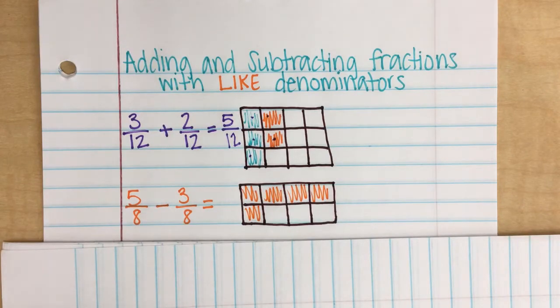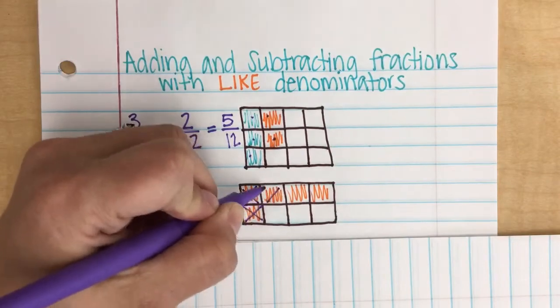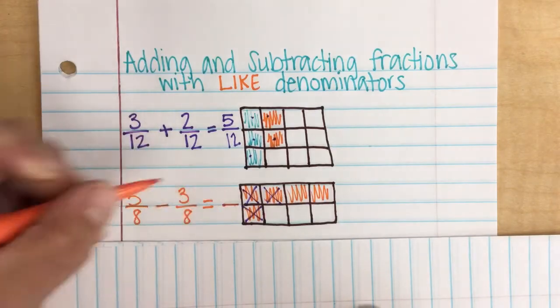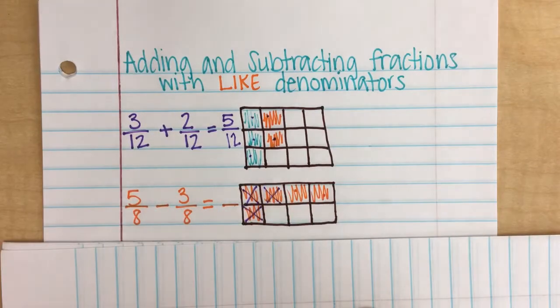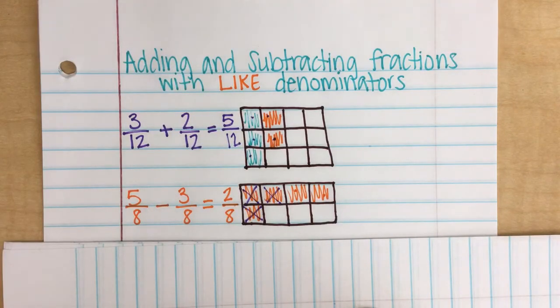Now I'm going to take a darker color and I'm going to take away 3 of those boxes. 1, 2, 3. Now however many boxes are still shaded in without an X in them is going to be my difference. So I have 2 boxes that are shaded in of the 8ths. So 5/8 minus 3/8 equals 2/8.